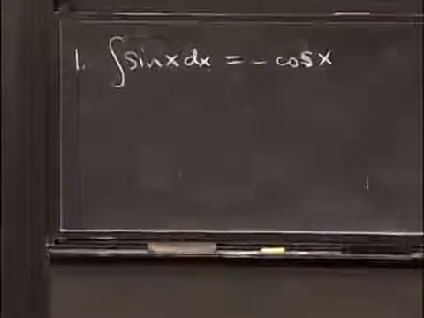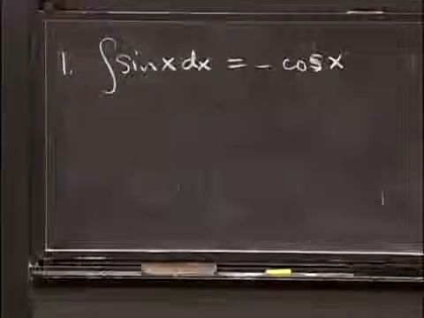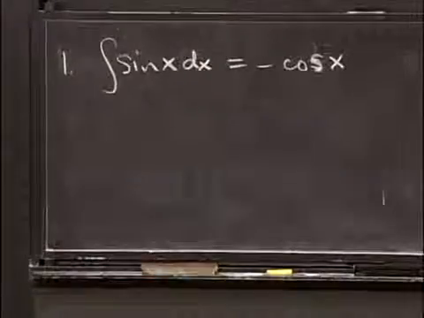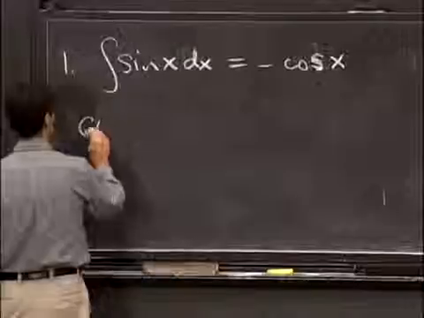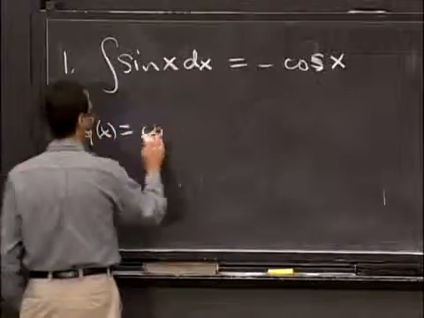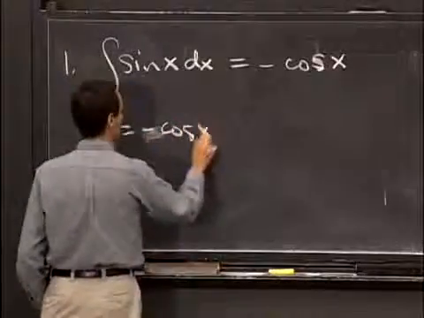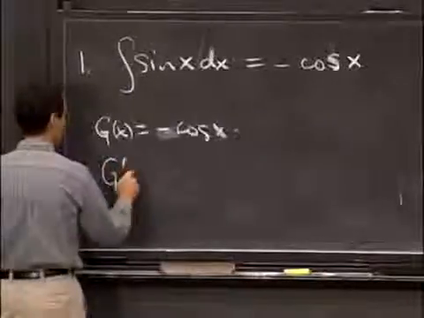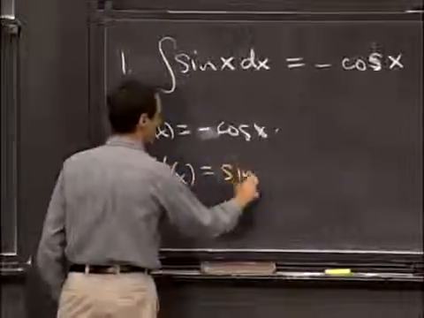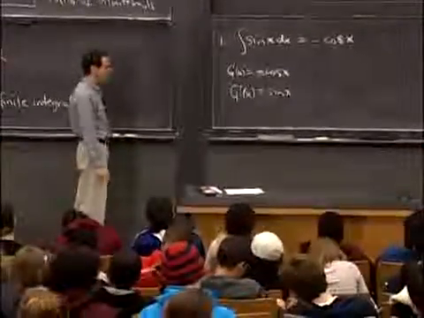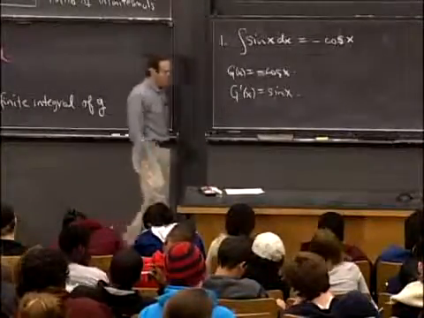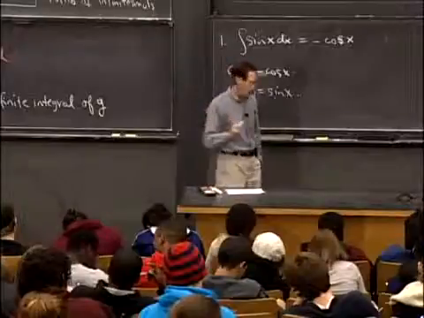So negative cosine x differentiated gives you sine x. That is an antiderivative of sine, and it satisfies this property. This function capital G of x equals negative cosine x has the property that its derivative is sine x. On the other hand, if you differentiate a constant, you get 0.